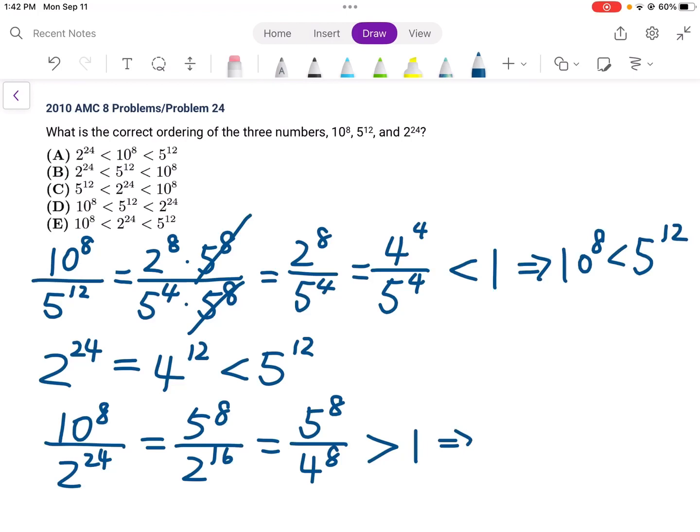That means 10 to the 8 is larger than 2 to the 24. So now we can say that 5 to the 12 is the largest, 10 to the 8 is in the middle, and 2 to the 24 is the smallest. The answer is A.